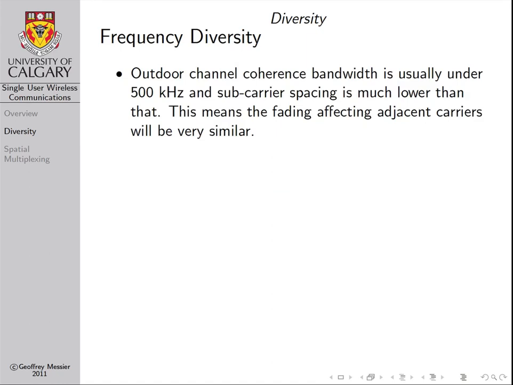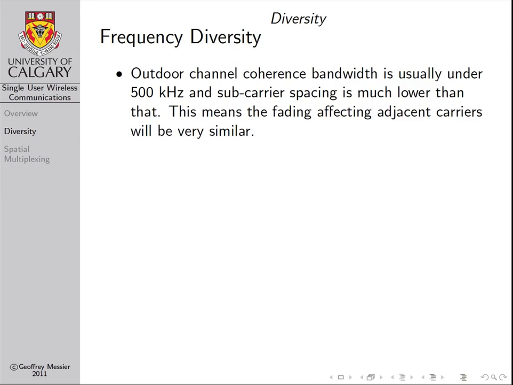Now, it turns out that we're faced with also a very similar problem to what we had in the time domain. The coherence bandwidth of an outdoor channel is usually a bit under 500 kilohertz, but it's relatively wide.